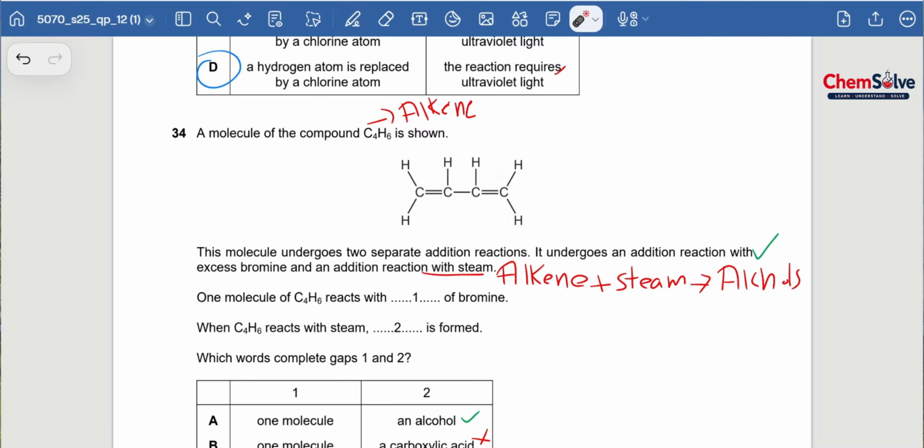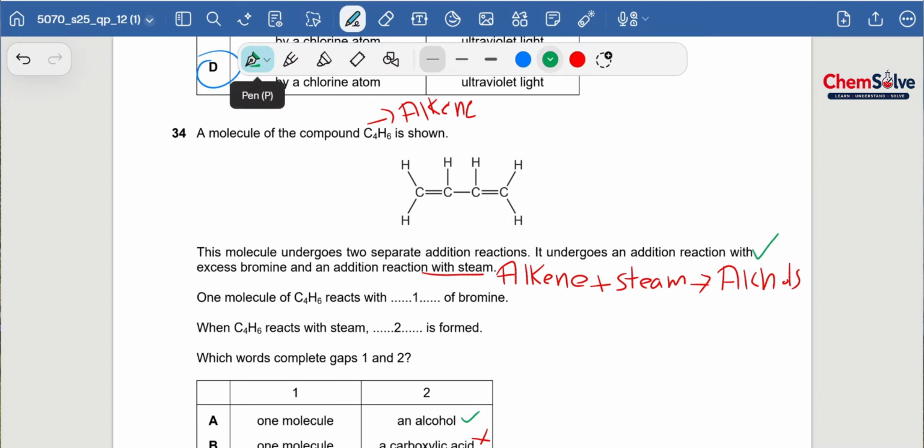So when I add bromine here, what would be the situation? Let's make it.